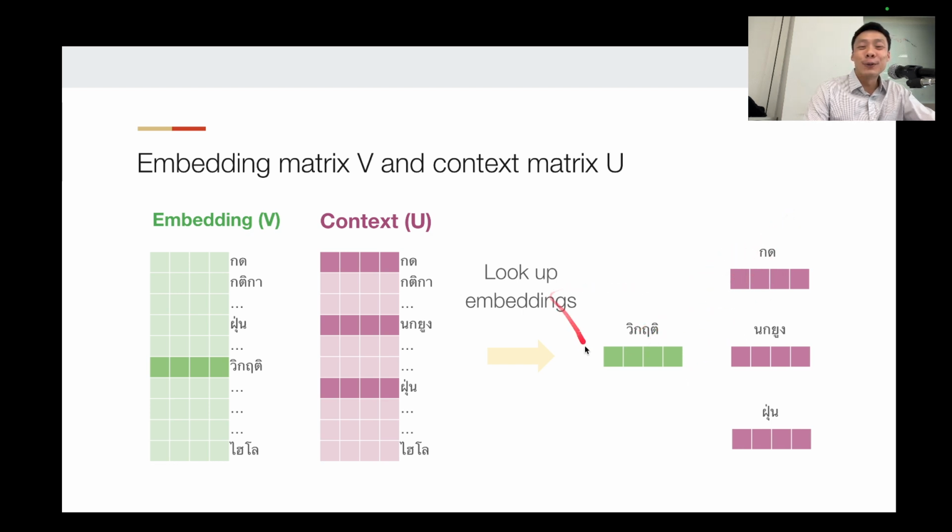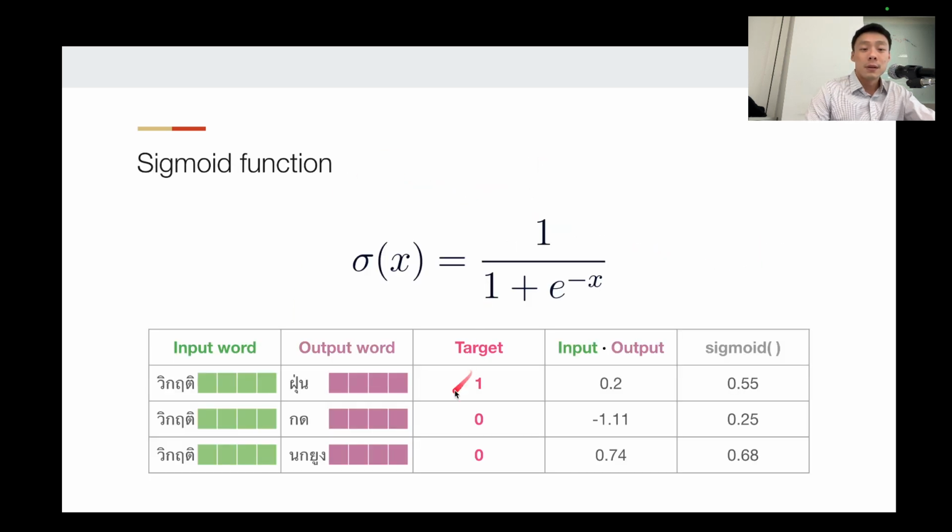To compute the probability, we take the dot product between the word in the center and the word that's in the context. So we take the dot product of Vikrit from the green set and God from the purple set. And we do that for all the negative samples. In a real case, we're going to have like 1,000 of these.